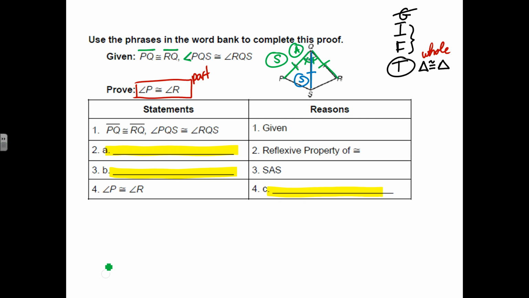So the first one is to have a pair of sides. Here we have our A. Why do we know that? It's given.